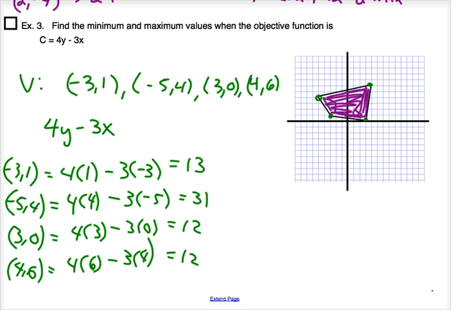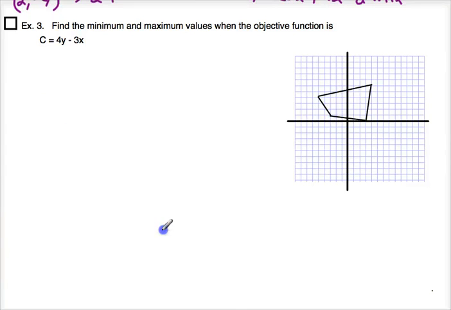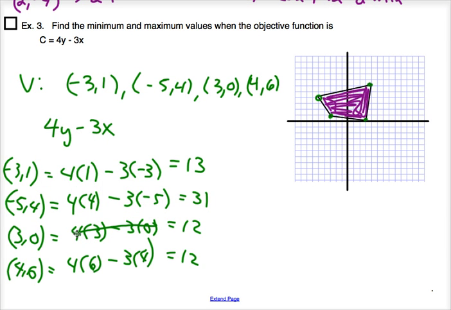Now, I accidentally plugged in an x for a y, so I need to go back. Wait a minute here. I don't think I'm supposed to have 12, 12. So upon further review, look, I got fooled. I put 4 times 3 right here. Be careful, it happens to the best of us.